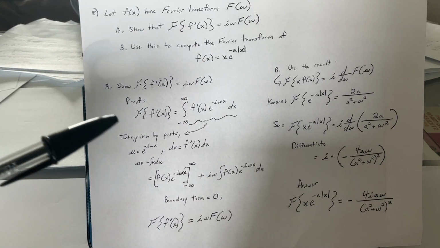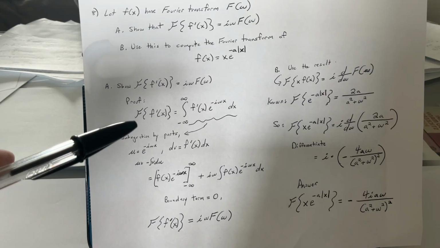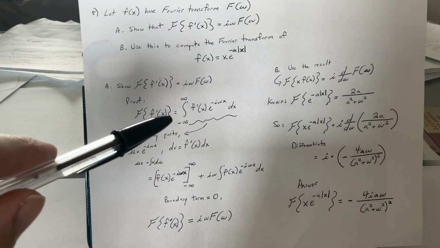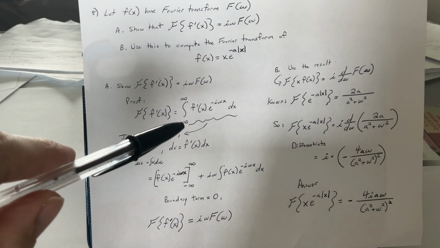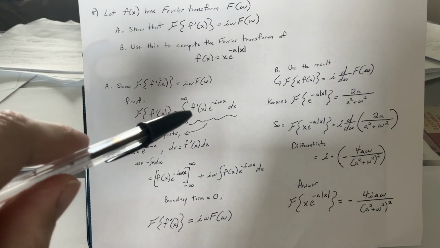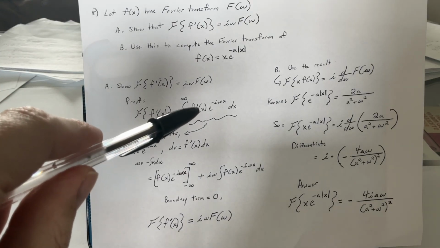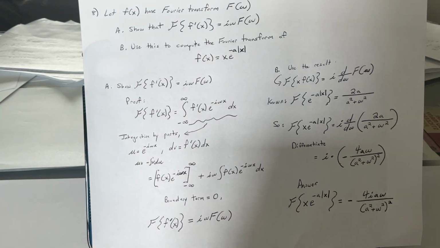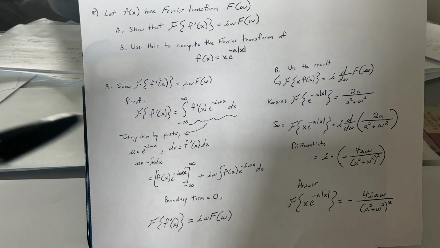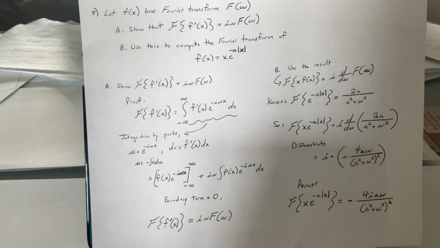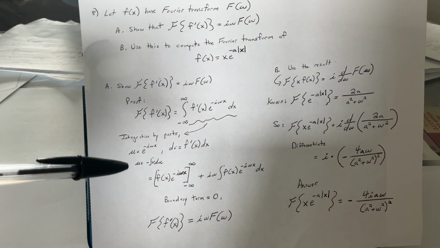And here's the proof. The Fourier transform of f prime of x is going to be set equal to the integral from negative infinity to positive infinity of f prime of x e to the negative i w x dx. Okay, so what we want to do is set this equal to that, and now we're going to use integration by parts. I skipped some steps, just integration by parts.